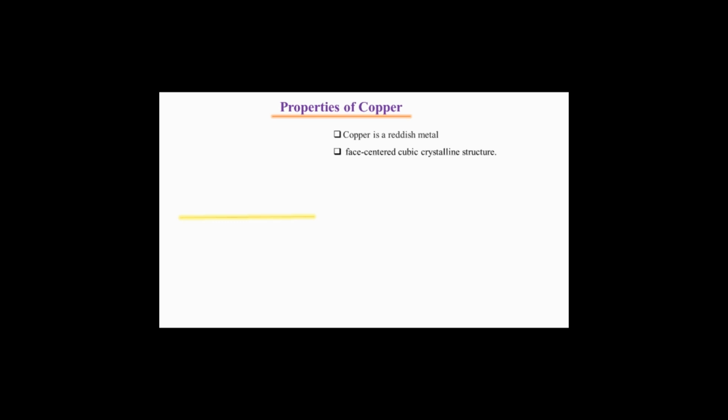Then it is malleable, as I have already told you. It is also ductile; an example of the ductility of copper is copper wire. Then it is an extremely good conductor of both heat and electricity.